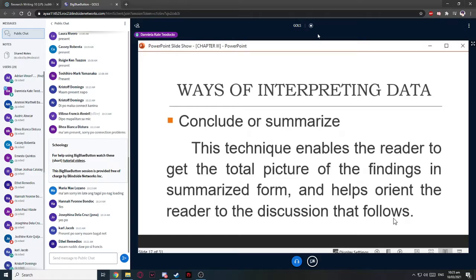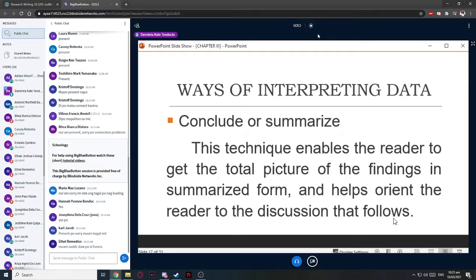Because we all know that if someone is going to write us something which is very long, puro salita lang, puro letters lang, walang kahit ano, we will become lazy or we will not have the motivation to read the whole text.